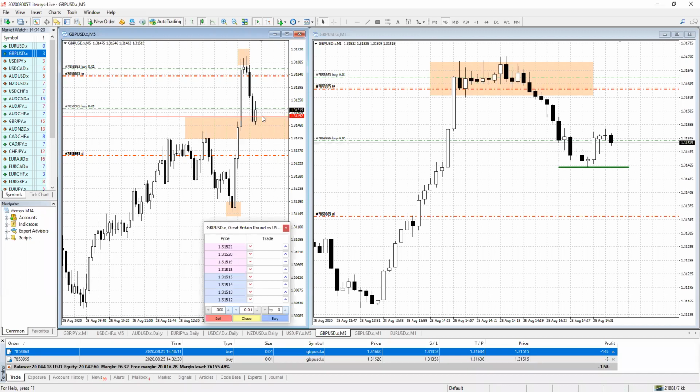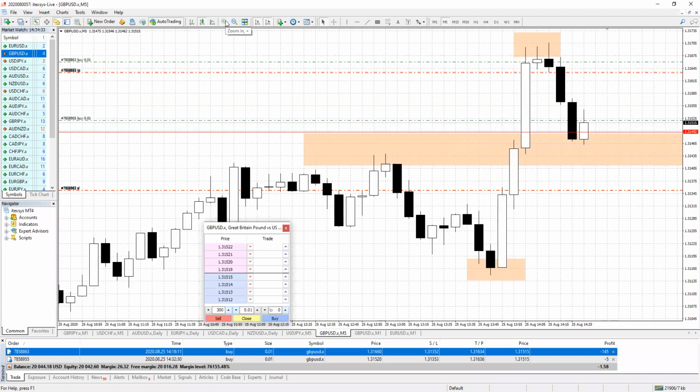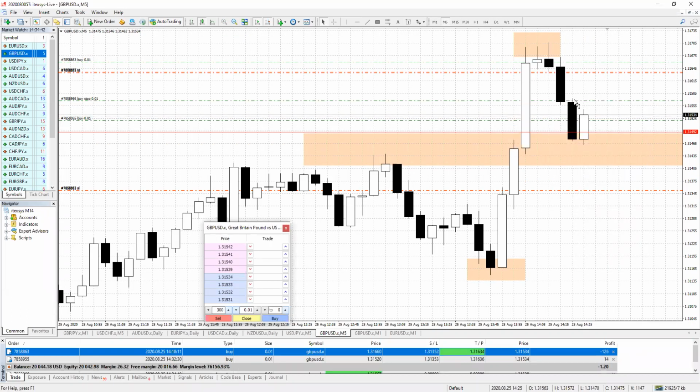My setup on the 5 minute chart, if I want to do the same analysis as the 1 minute chart, then I could place a buy stop here, because that would be the turning point.